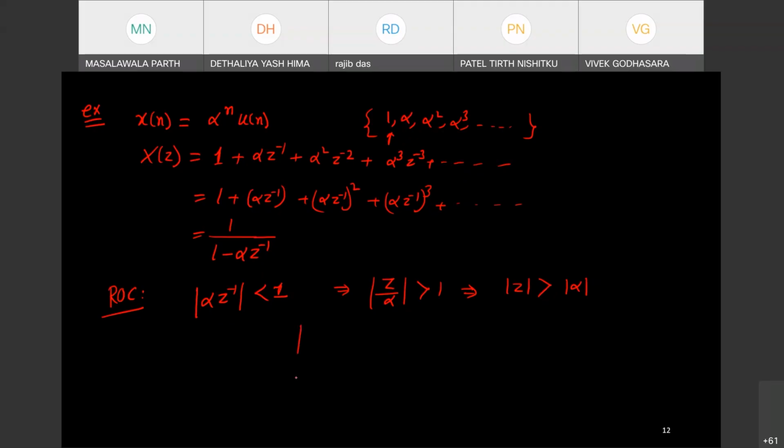Okay. Now in the Z plane, this is your real axis. This is the imaginary axis. So the magnitude of Z is mod alpha. How will we plot it? The magnitude of Z is whatever alpha is given, that magnitude I can consider.